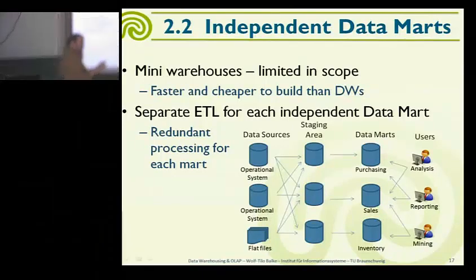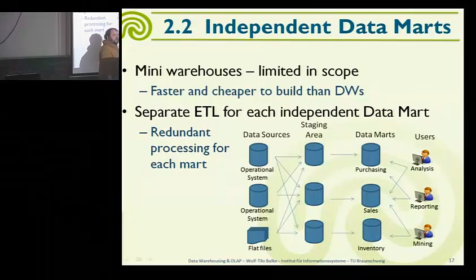And what would you do in a horizontal architecture? You would have one data mart for the day trading, and you would have one data mart for the trend analysis. They would have independent ETL processes. The one would just move the data through in a very fast fashion and not care about old data and total data correctness.